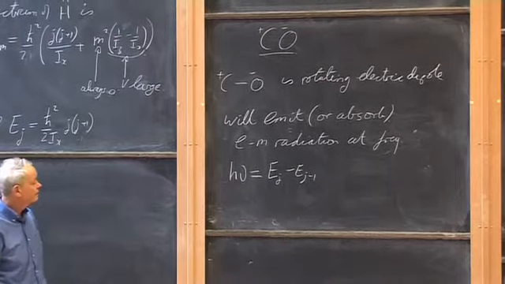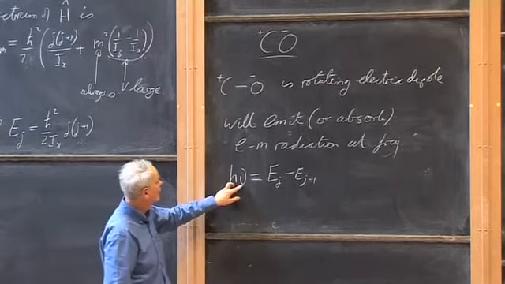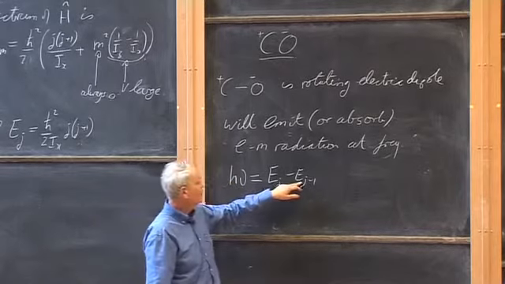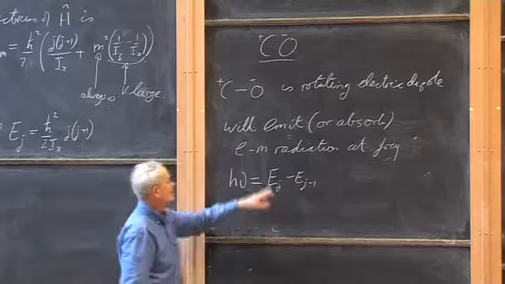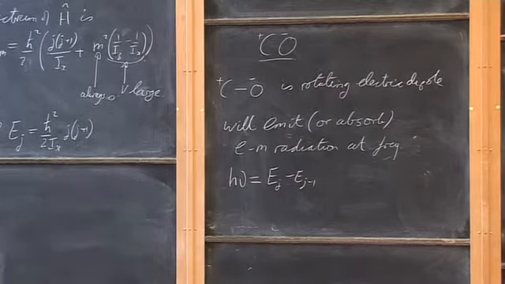So we're going to have that h nu, the energy of the photon, is equal to the difference in the energies of the molecule between the state it started and the state it finished. And what's that going to be?